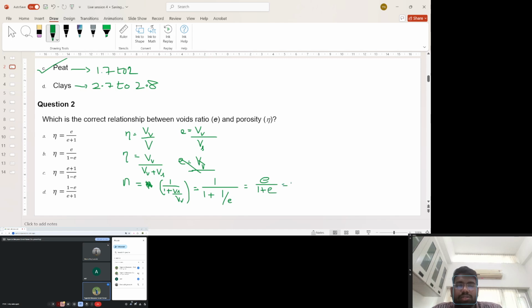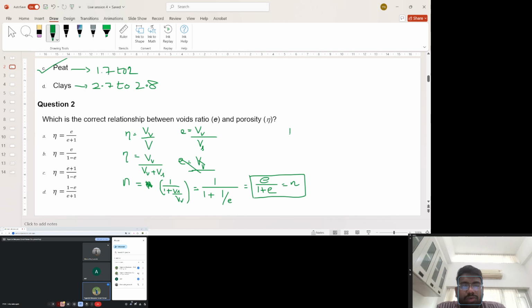So porosity is defined as void ratio by 1 plus e. So what is the term called 1 plus e? Any idea? Specific volume. Yeah.